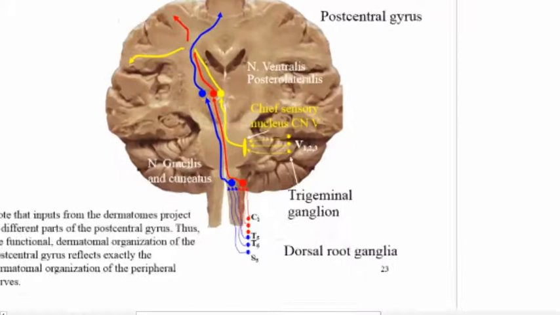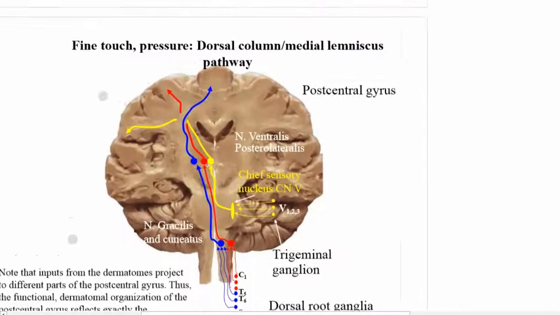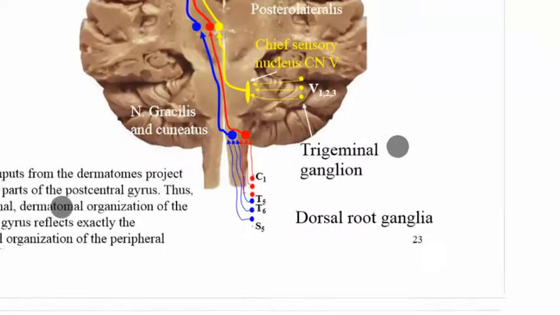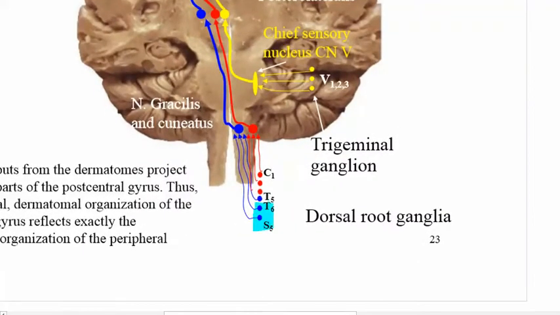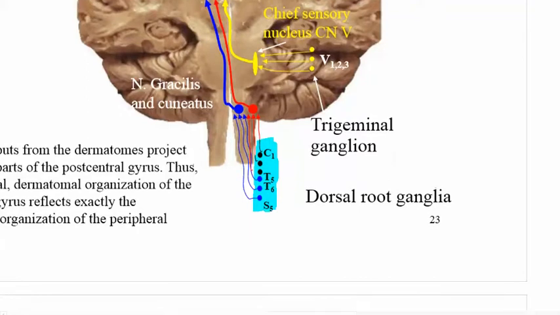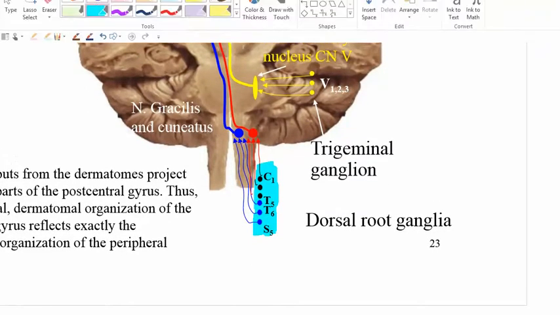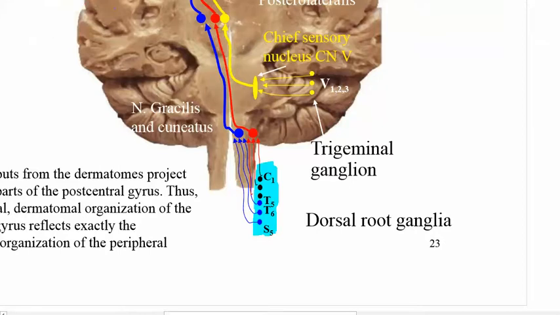All right, so this is the dorsal columns and the medial lemniscus pathway. Essentially what we said is that the primary cell body is going to be in the dorsal root ganglion. From that dorsal root ganglion, the secondary cell body is going to be either in your nucleus gracilis or your nucleus cuneatus.